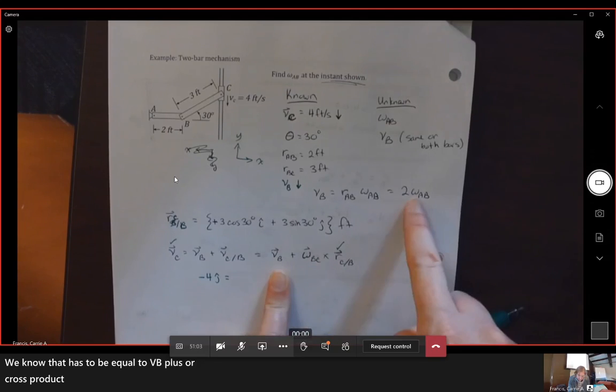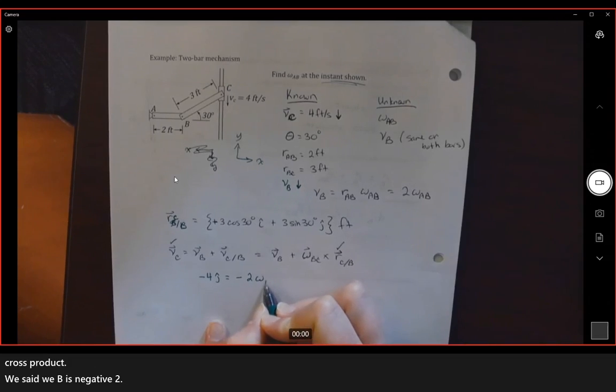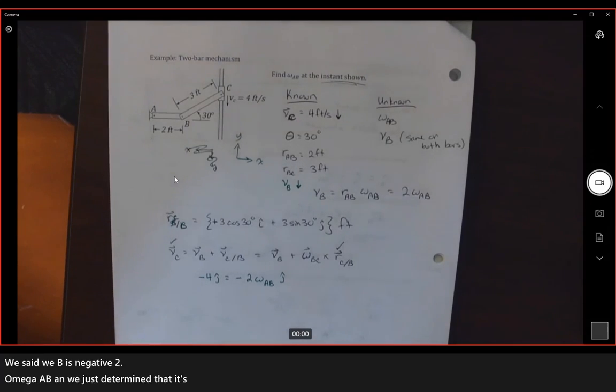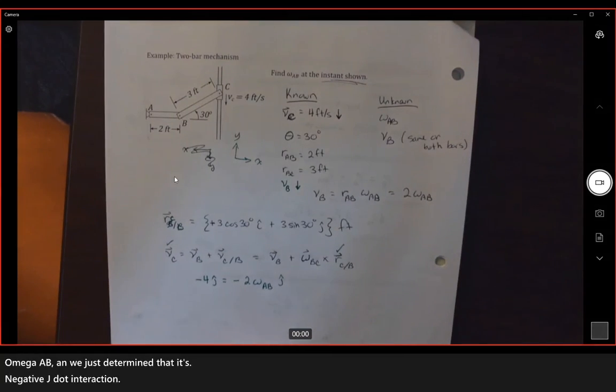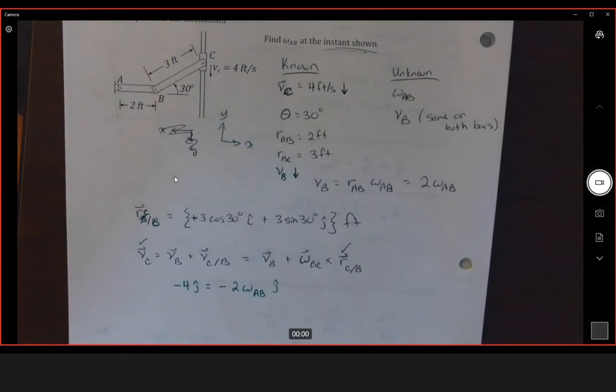But we said VB is negative 2 omega AB, and we've just determined that it's in the negative j hat direction.